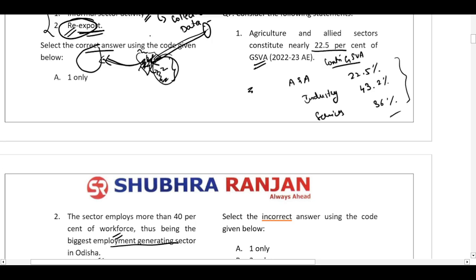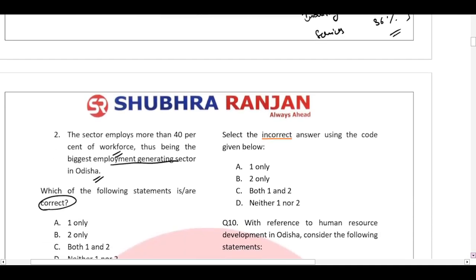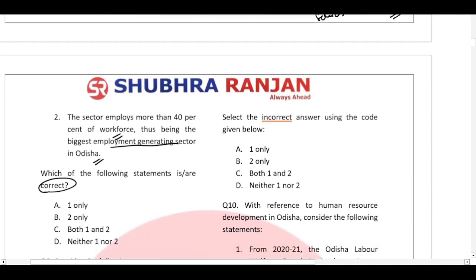These are approximate percentages which I took. So this 22.5 percent matches statement 1, so this statement is correct. Statement 2 is also correct, because more than 40% of the workforce is employed in agriculture, and that is why it is the biggest employment generating sector of Odisha. So both are correct. Option C, both 1 and 2.